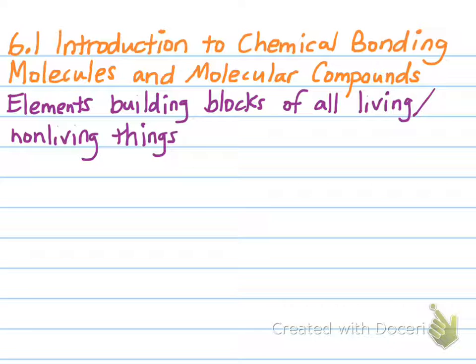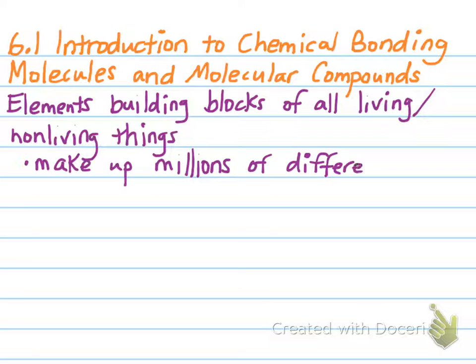So these elements make up millions of different compounds. And if these, right, on our periodic table, like there's 109 to 112 different elements depending on your periodic table.